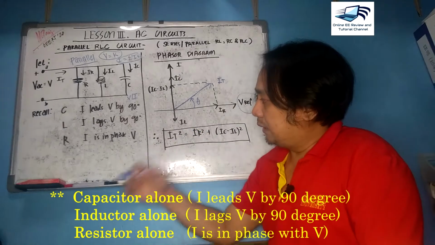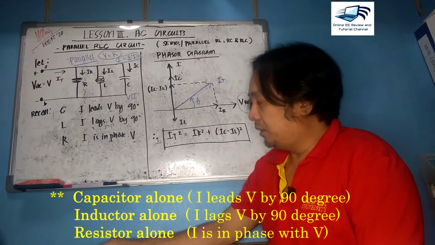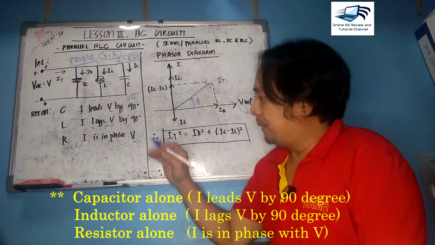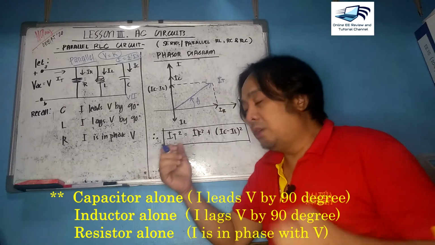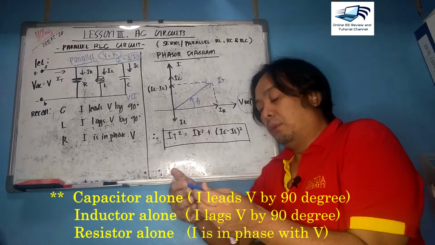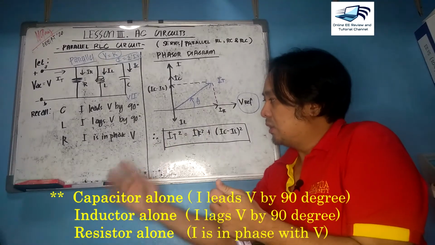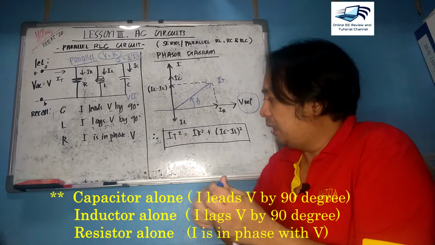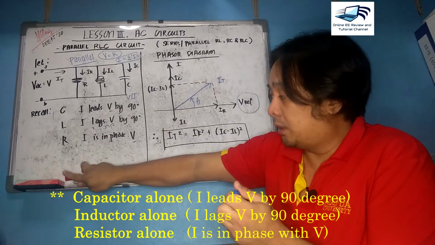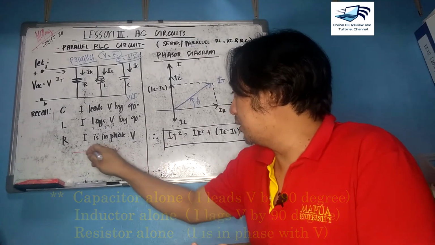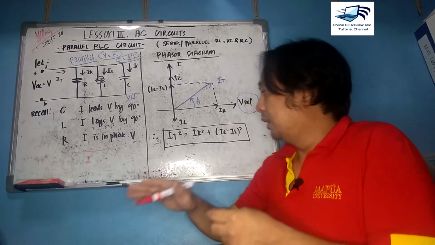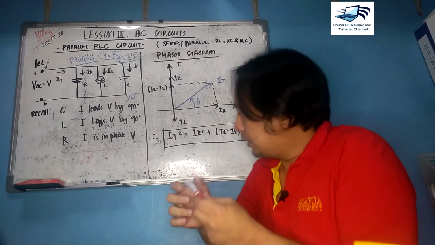For an inductor, I lags V by 90 degrees. And as I mentioned from the last slide, in a resistor, the current and the voltage will always be in phase. So in this case, I will be in phase with V, or in other words, the vectors of voltage and current will be in phase with each other.